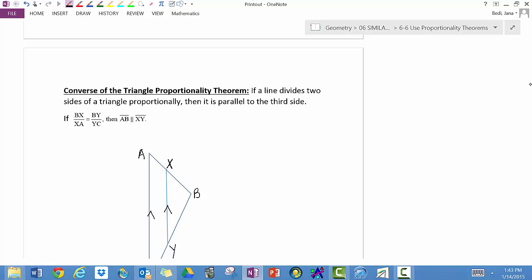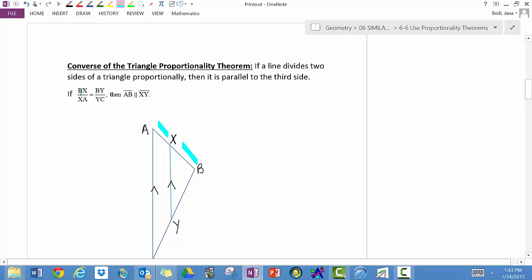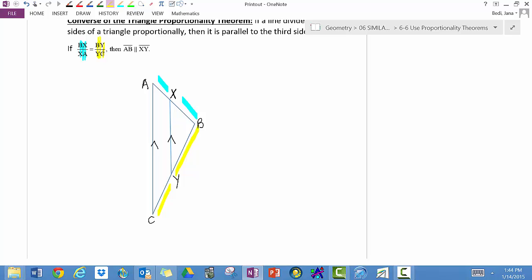Okay, the converse of the proportionality theorem. So if now you are given that BX over XA equals BY over YC, if that is true, then you can conclude that the two lines are parallel.